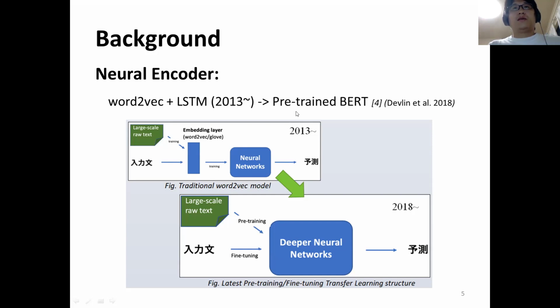But something has changed from 2018. The transfer learning has become popular. The way is such as BERT, they adopt a unified deep transformer models. So they set up a training objectives, then train the model in a very large raw text.